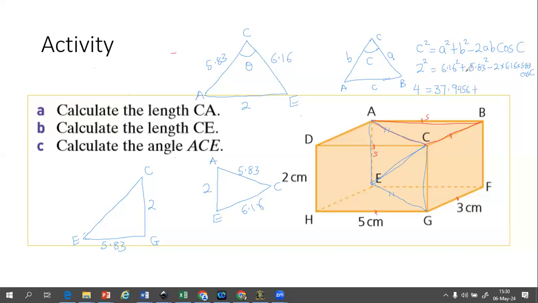Plus 5.83 squared we get 33.9889. Minus 2 times 6.16 times 5.83.